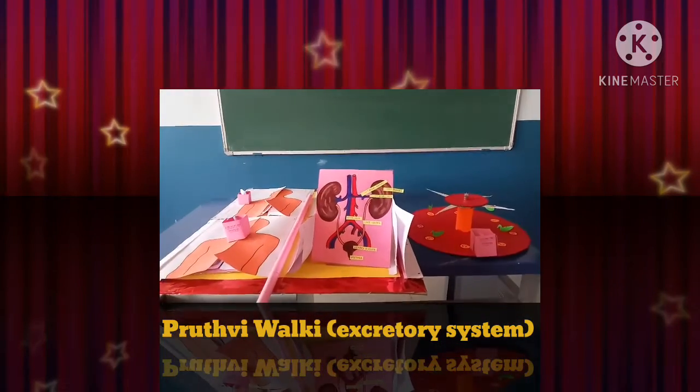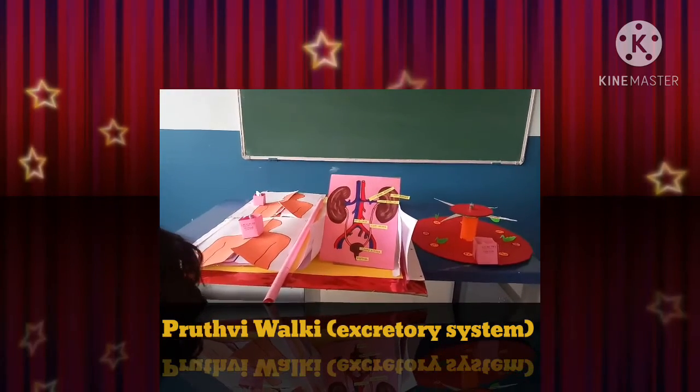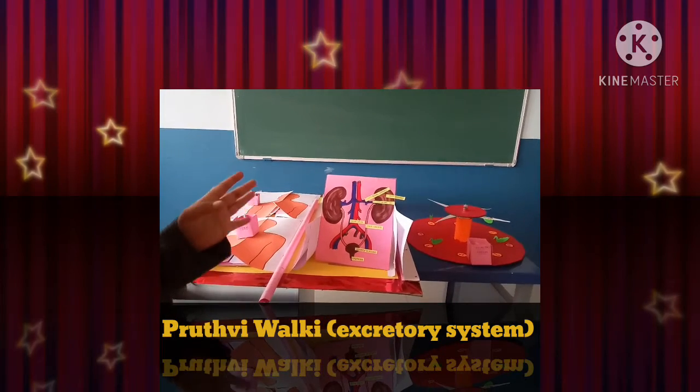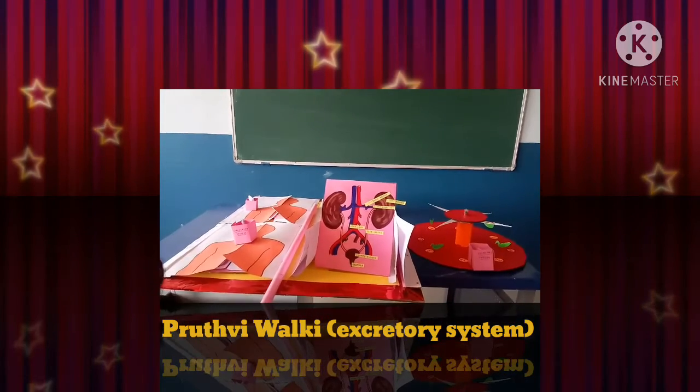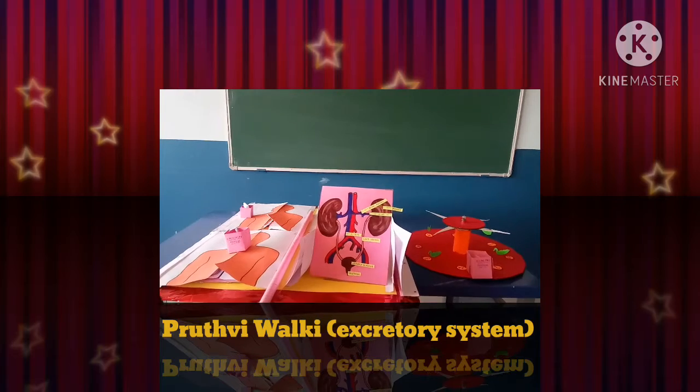The urine is produced in the kidney and it passes through the ureter and is released to the urethra.